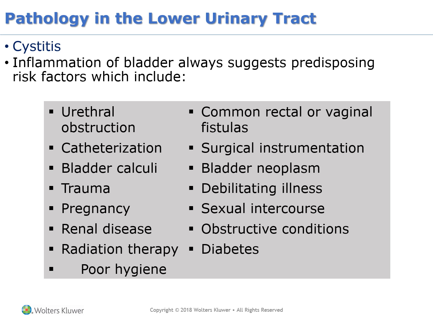Surgical instrumentation, very similar to catheterization, can introduce pathogens into the area. A bladder neoplasm, lots of times, could restrict the emptying process or the micturition process, leading to obstruction, which could then ultimately lead to cystitis. Debilitating illness can reduce the effectiveness of voiding.